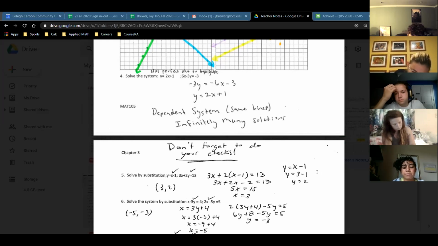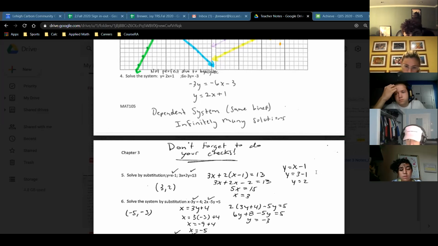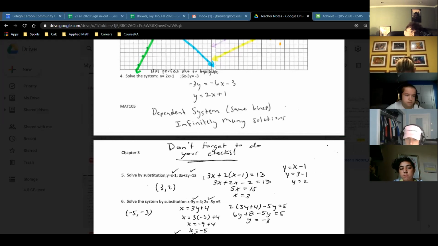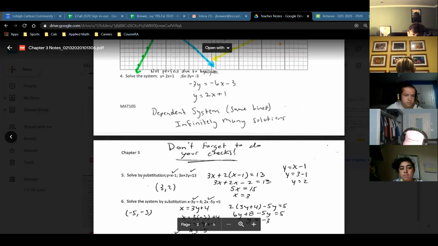What do you think it means to do your checks? Like plot it on the graph to check if the answer was right. Okay, so if you chose to go graphically, you could make sure that it is on both lines. If you went algebraically, you want to make sure that it's a true statement for both equations, okay?